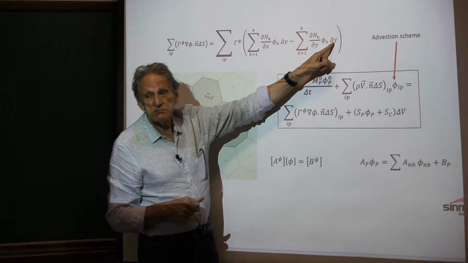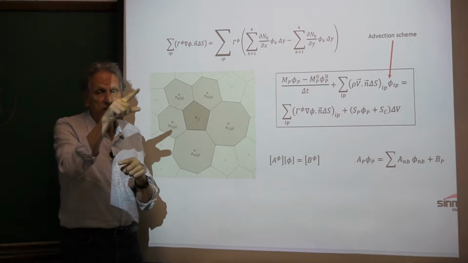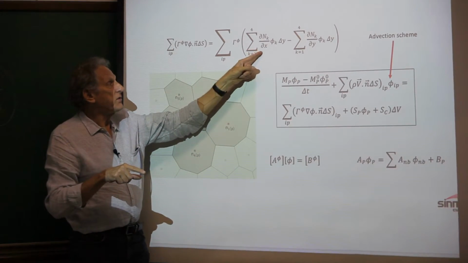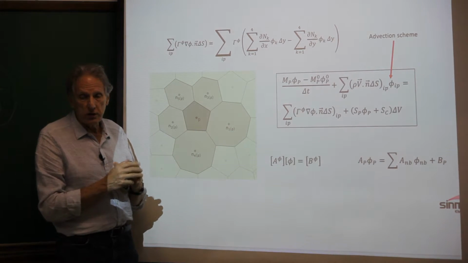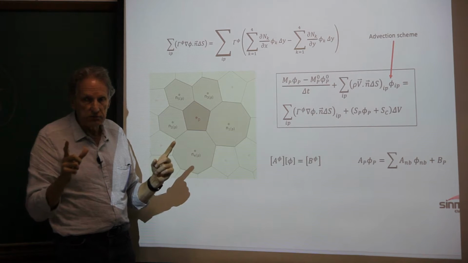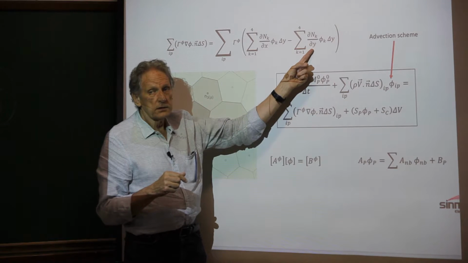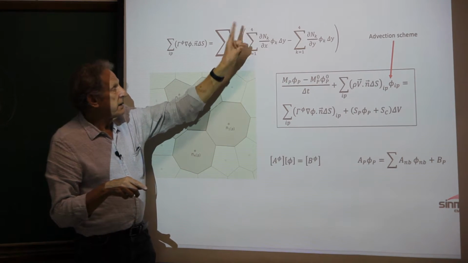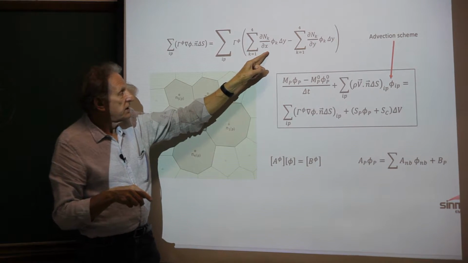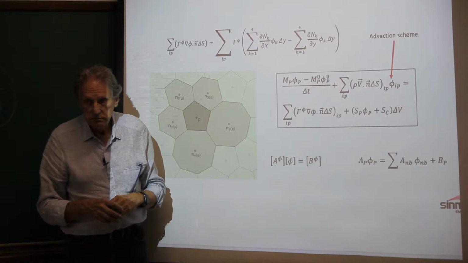This is dx. But how do you find the derivative of phi? It is the derivative of the shape functions, because you are using the shape functions for the diffusion terms. Derivative of N with respect to y.